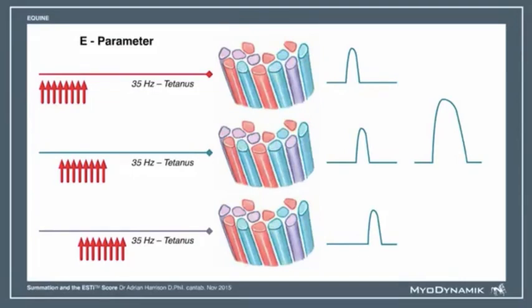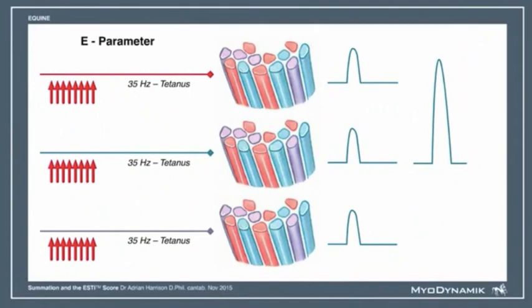However, note also that the additive blue force curve has a rounded top, due to the fact that the efficiency or the synchronization of the red, blue and purple neurons is not optimal. That is to say that some fibers are starting to relax when others are starting to contract. With repeated training, the central nervous system improves the efficiency or synchronization of active motor neurons in muscles.